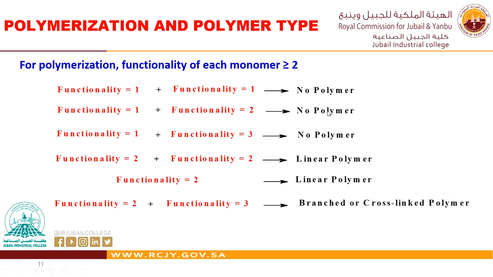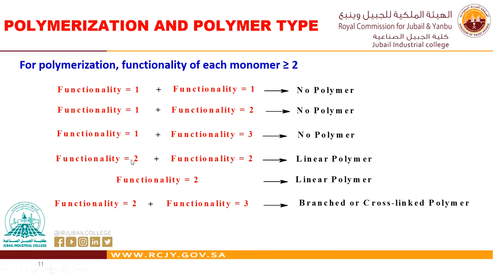So we end up with no polymer. But of course, there's going to be a reaction, but this reaction will be a two-step reaction, and this one will be a one-step reaction. If it is functionality equal to 1 plus 3, no polymer, because this one does not satisfy the condition, which states that functionality of each monomer must be greater than or equal to 2.